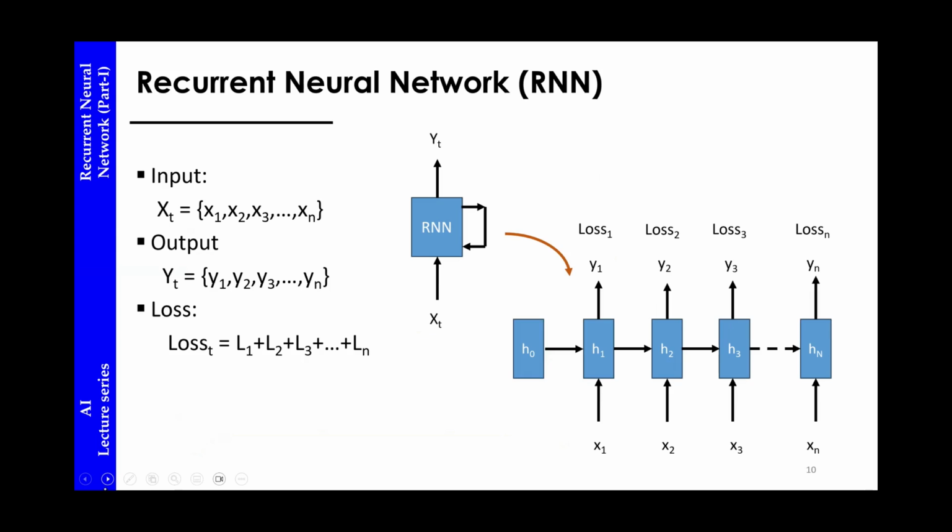In recurrent neural networks, each feature of the input, for example here x1, x2, x3, and xn, is introduced to the network over and over. That's why it is called a recurrent neural network.